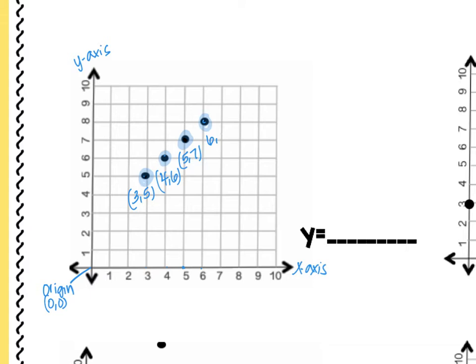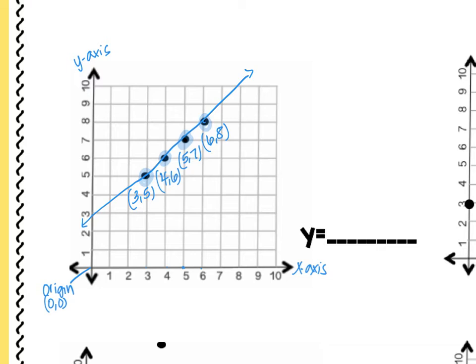So I have 6, 8. Now that I have all of my coordinate pairs labeled, I'm going to extend my line like this. And I'm going to now take my coordinate pairs and put them in a table.